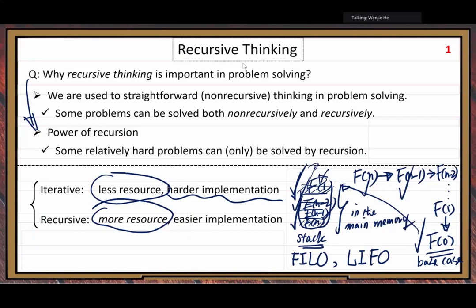And we know our main memory is quite limited. The amount of main memory is quite limited. Not the hard drive, it's main memory.